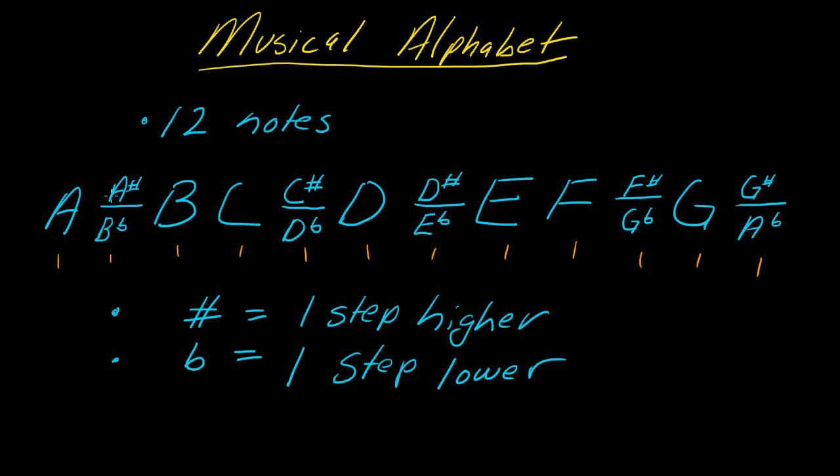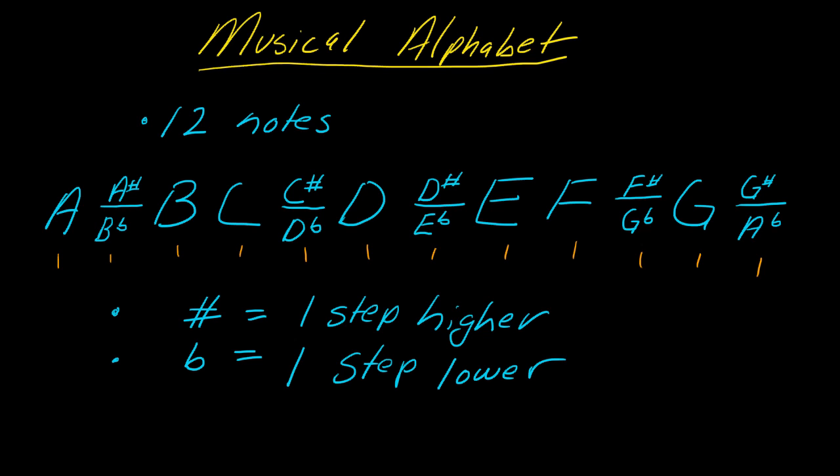The key to this whole musical alphabet is really knowing which 2 sets of letters don't have notes in between them. So if you look at this, A, B, C, D, E, F, G, there's 2 places where there's not a note in between.